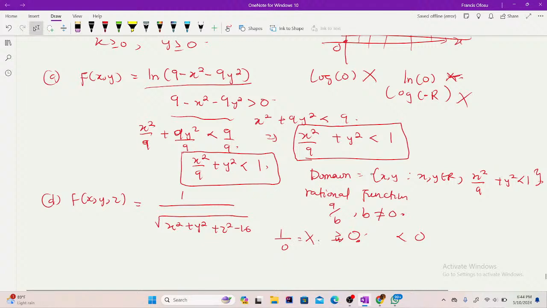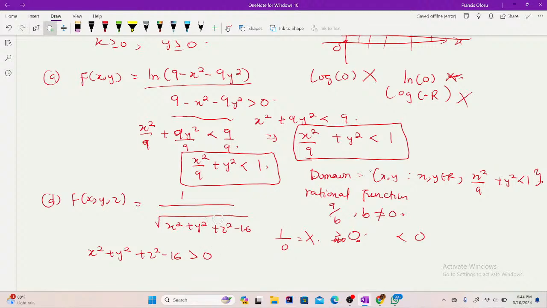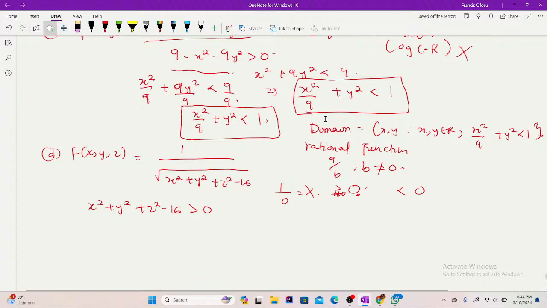Therefore, we remove this and we are left with the greater than. So simply, our condition becomes x squared plus y squared plus z squared minus 16 should only be greater than 0. It shouldn't be equal to 0. When it's equal to 0, our radical function will be defined, but it will affect the entire function as a whole. So we take 0 out.